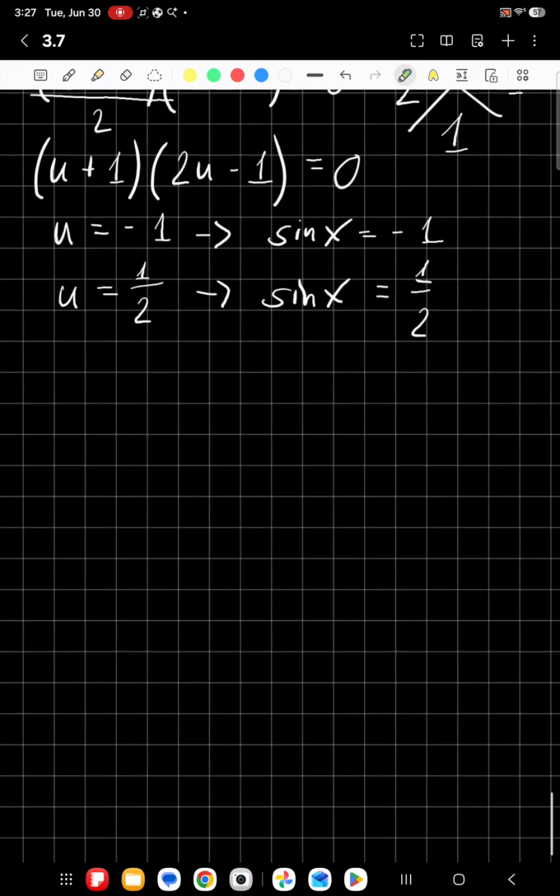on the unit circle. So maybe let's start with that half. We're looking for angles for which sine will be half, and I know half is associated with 30 degrees. So the first one is 30 degrees, and this is my special triangle.